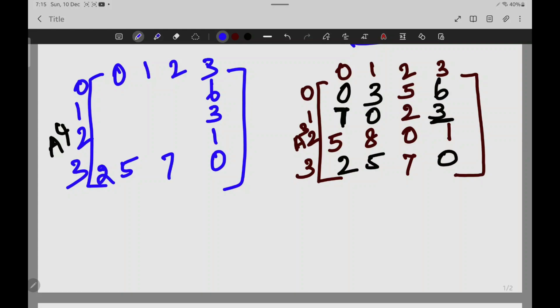So 2 5. So this third row, last row, last column, fourth row, fourth column, will be the same, and we need to find the value of the remaining.